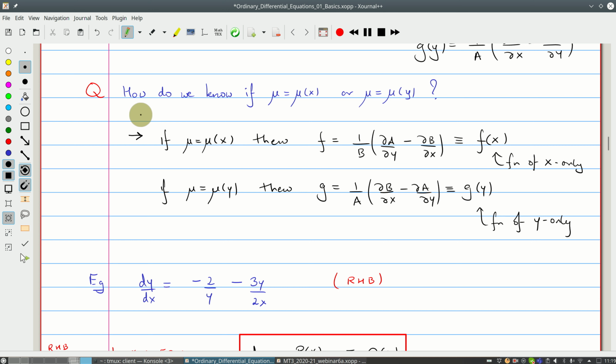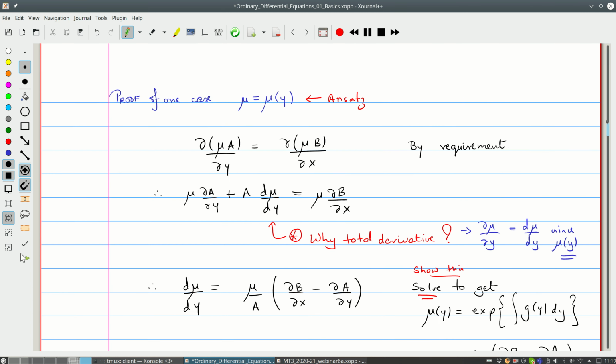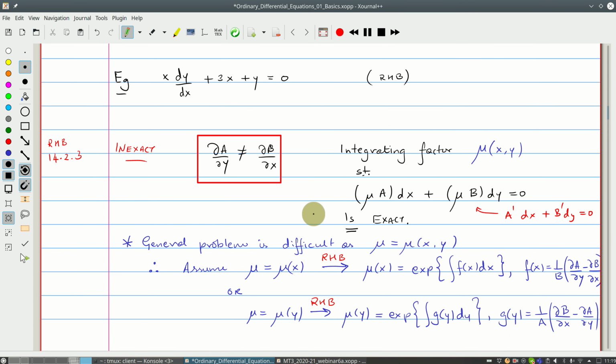Now, here's a question which you really need to understand and answer before you use one of these integrating factors: how do we know if mu is a function of x or a function of y? Well, if mu is a function of x, then mu is defined to be the exponential of the integral of f of x dx, and f of x is defined as this term.